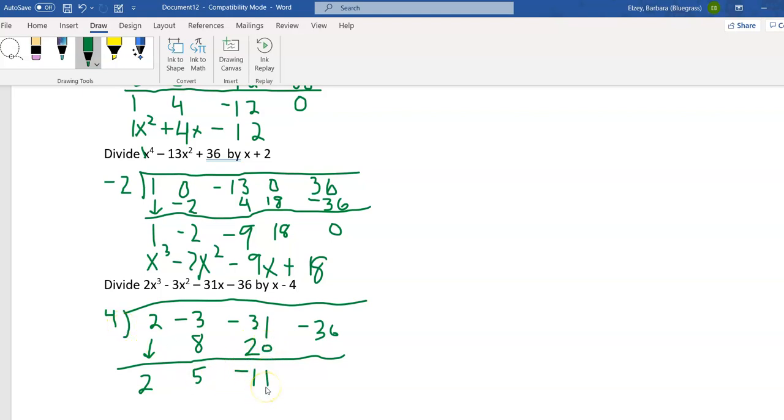4 times negative 11 is negative 44. And let's see, if we add that, we get negative 80. So here was one that had a remainder. So let's first continue the same way when we're writing our answer. We had a 3rd power here, so this will start with a square.